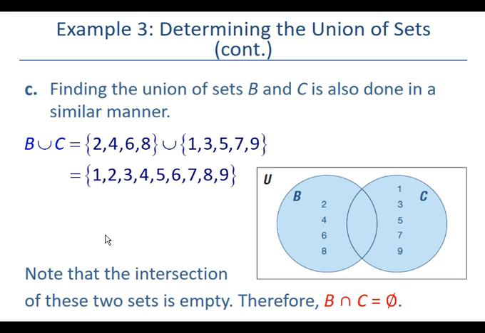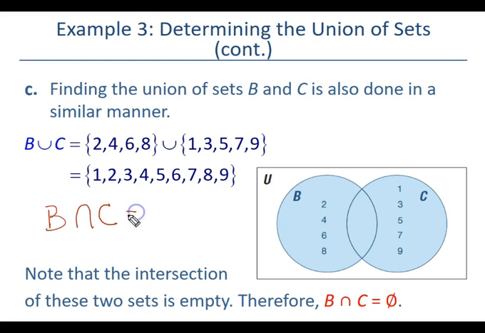Now again, a new item they're introducing here, and I want you to take note of this, is when they're asking, let's say, set B intersecting with set C. And you see there are no elements that intersect. There are no elements common to both sets.